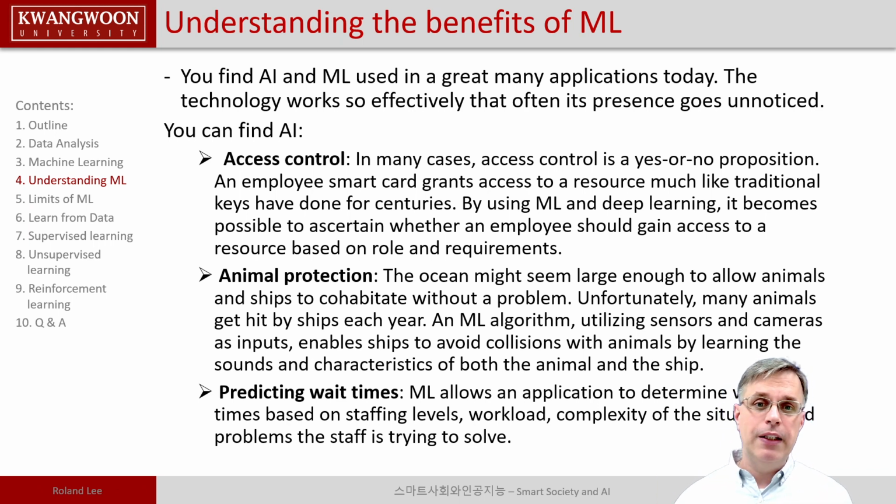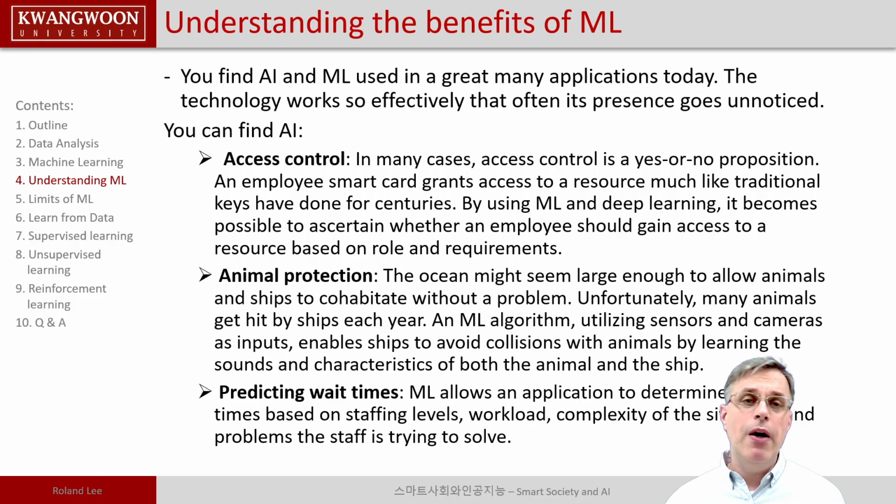Now, in reality, you can find AI used in many other ways, including some that you might not immediately associate with AI. Access control is the first. In many cases, access control is a yes or no proposition.